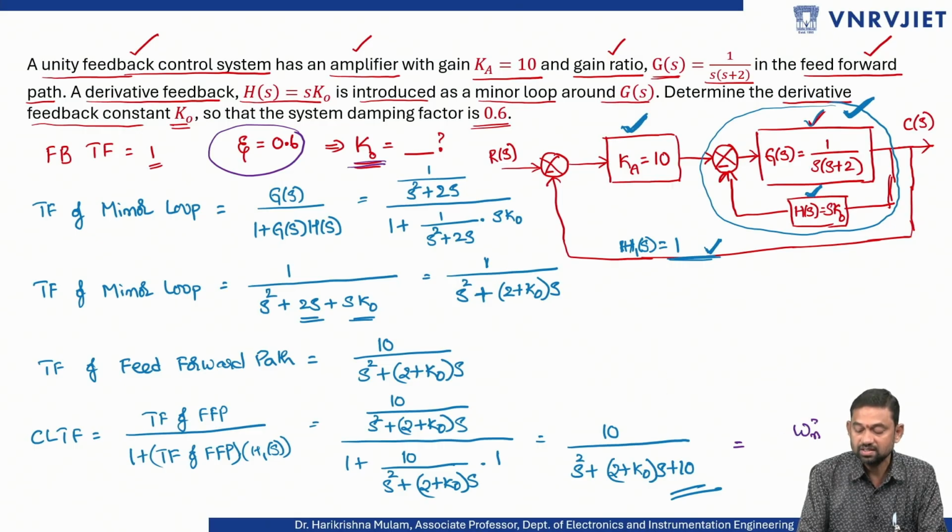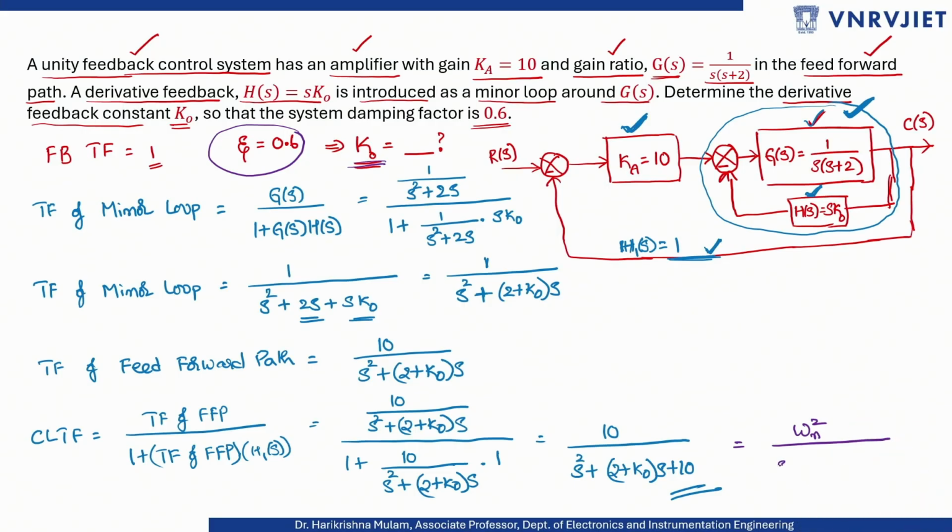We know that a second order transfer function is represented as omega n square by S square plus 2 zeta omega n S plus omega n square. Compare this denominator with that denominator to find omega n and zeta.